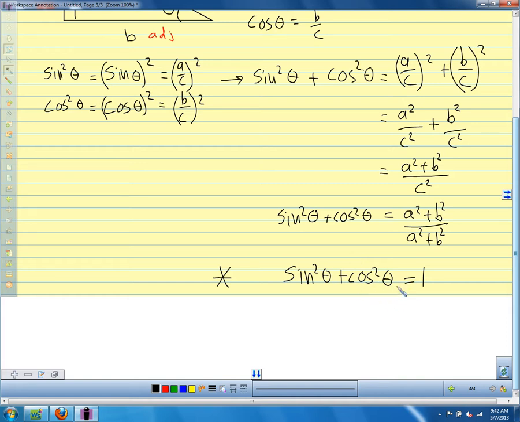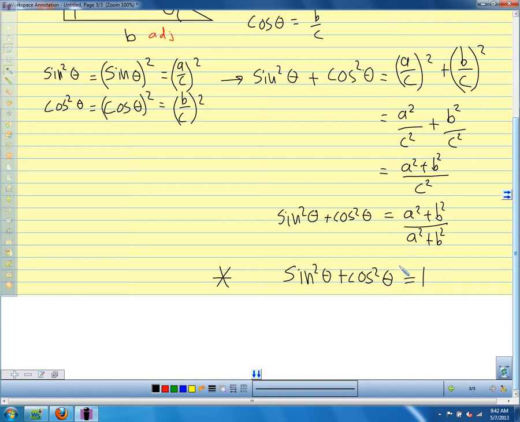Sine squared theta plus cosine squared theta equals 1. We were working on a problem in my Calculus 3 class today, and we used this identity. It shows up all the time. So this is an extremely important identity that we use in math. So this is our Pythagorean identity. For any angle, sine squared of the angle plus cosine squared of the angle equals 1, always.